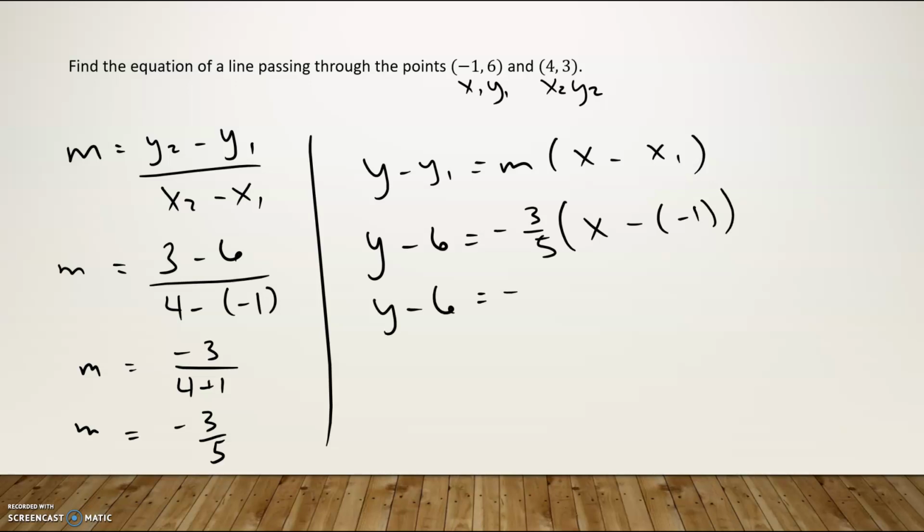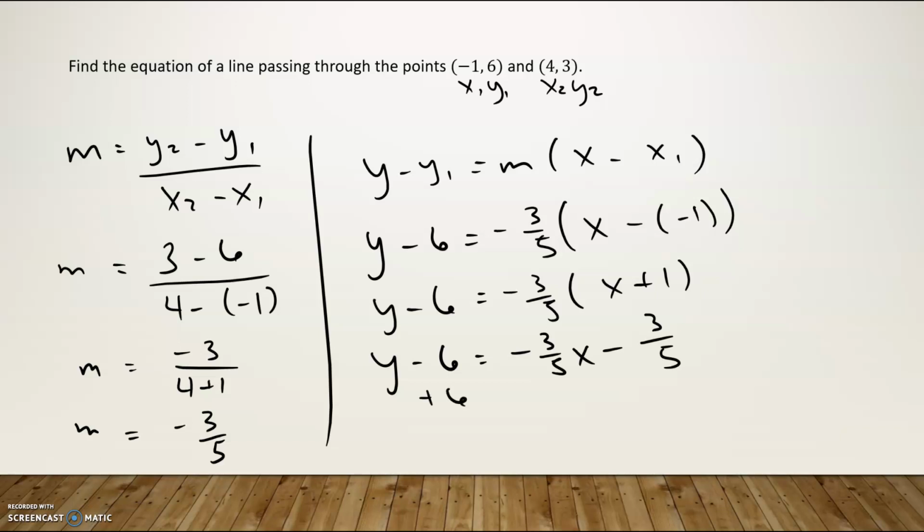So we've got -3 over 5 times x plus 1. Then we have -3 over 5x minus 3 over 5. I'm going to add 6 to both sides. Now I need a little bit of side work over here.